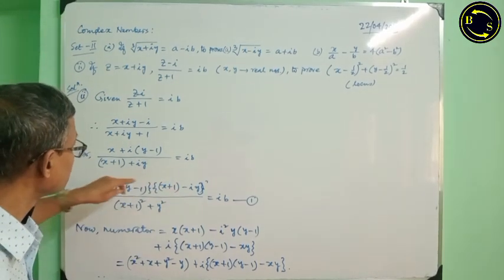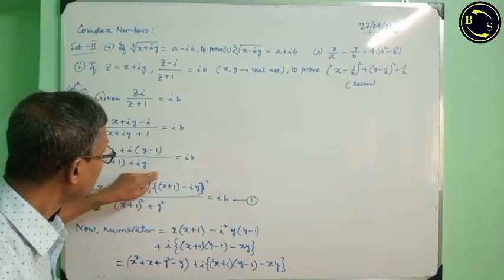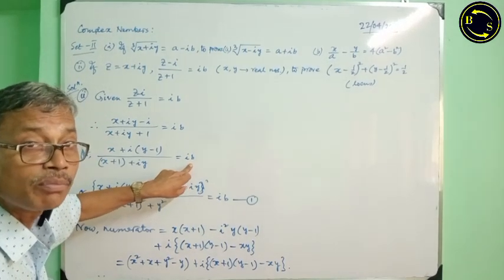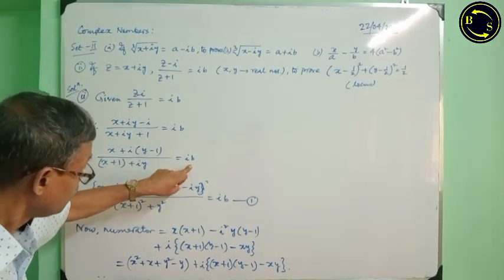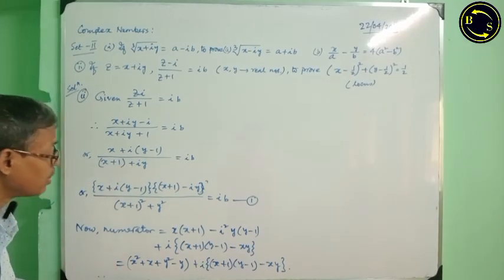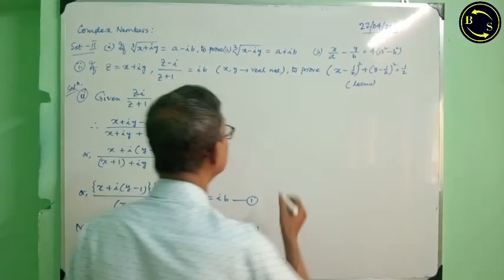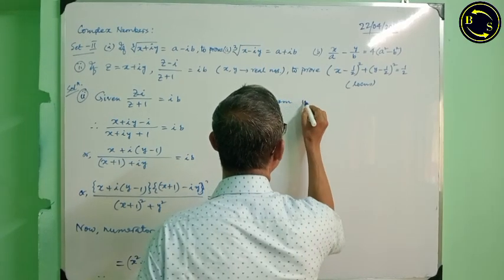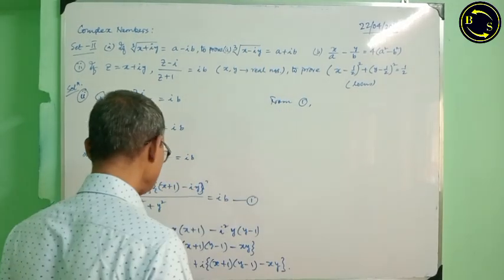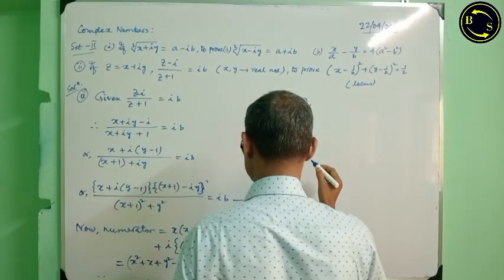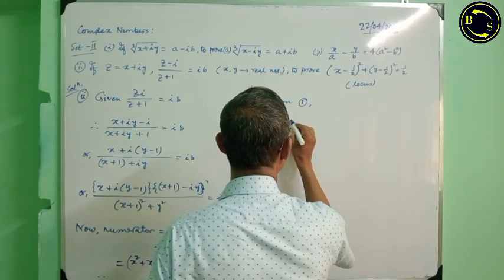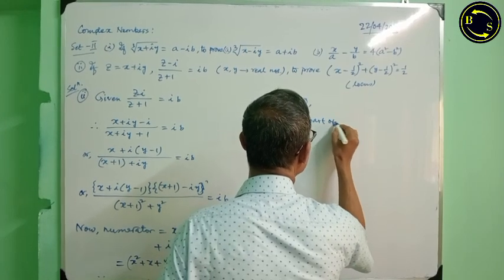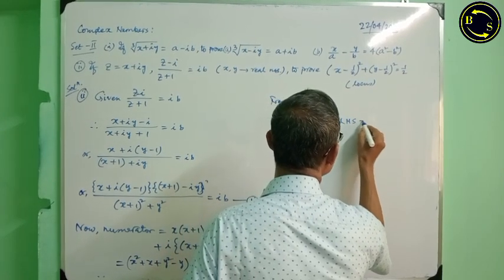Already I have mentioned that the right side is ib, means there is no real part. Therefore, after this step, from 1, the real part of LHS is equal to 0.